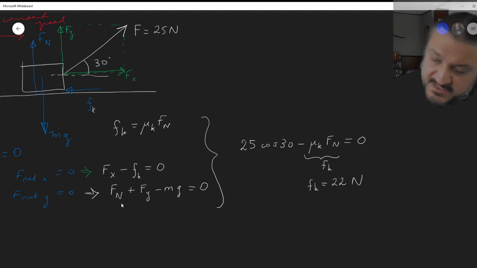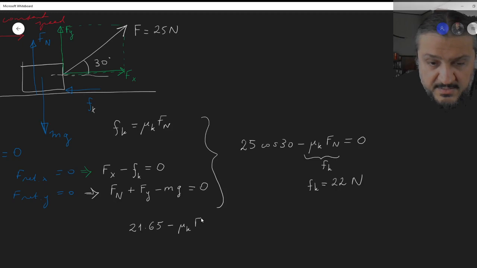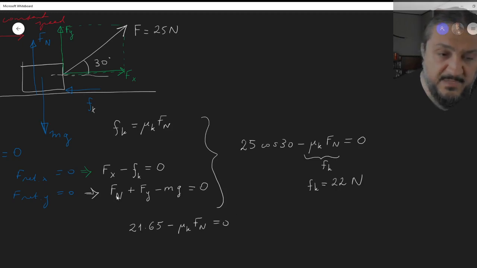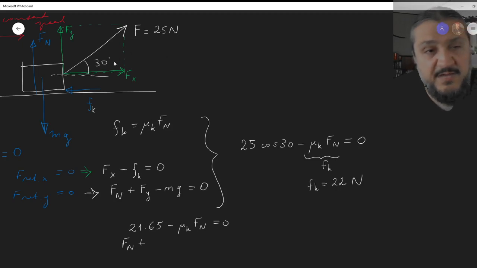Well, let's use the exact number for now, 21.65. 21.65 minus mu k Fn equals 0. Now, Fn over here in the second equation plus Fy, and that would be 25 sine 30. Sine 30 is 0.5, so it is 12.5.